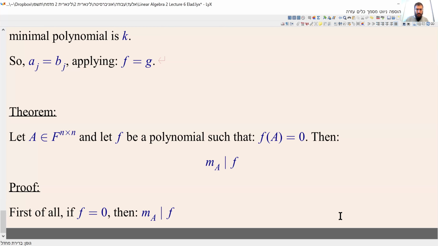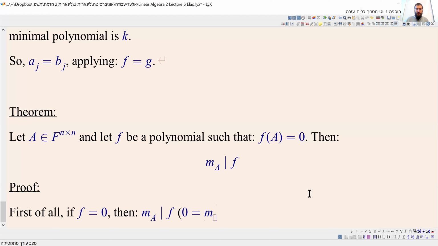What is the definition of dividing? M_A divides F. It means that F is the multiplication of M_A and another polynomial. Now, if F is 0, of course we can write F as a multiplication of M_A and another polynomial, and it's just 0.